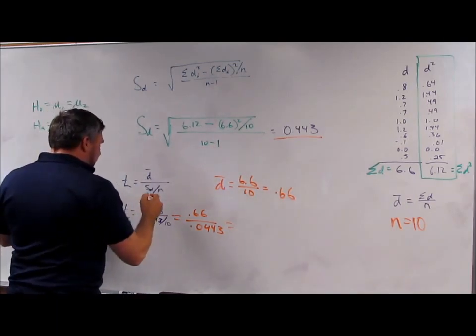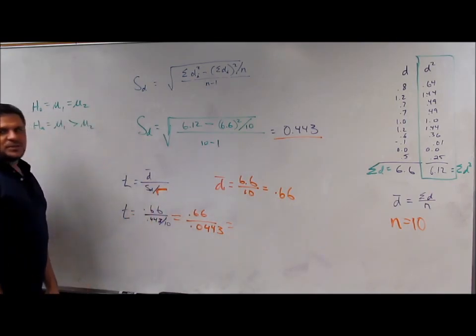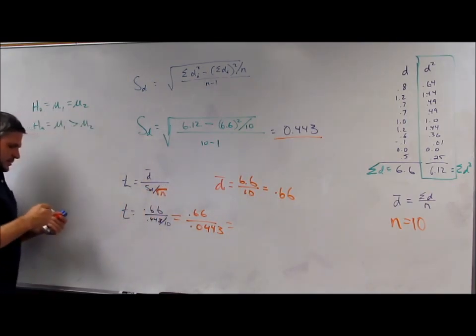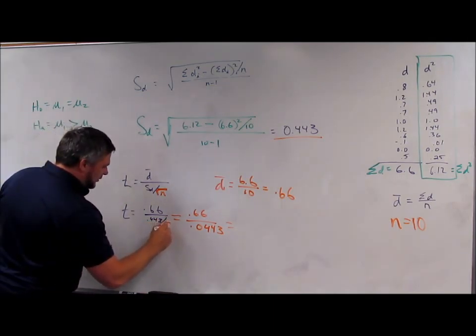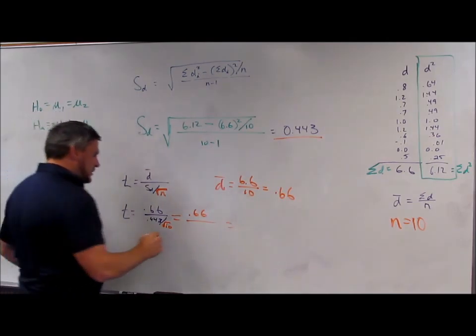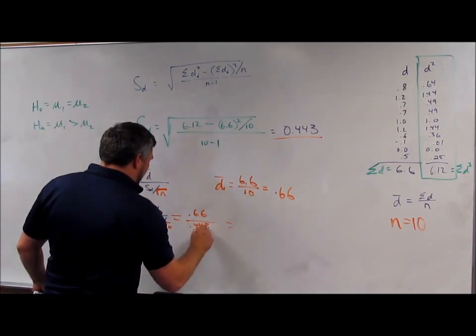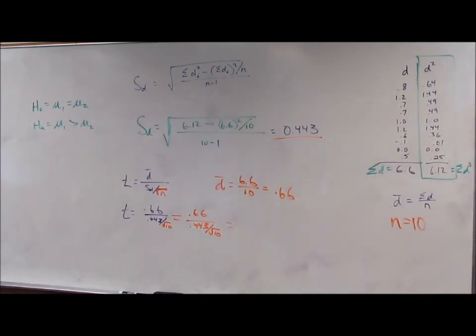This is not n, this is the square root of n. So it's not this easy. It's 0.443 divided by the square root of 10. When you plug that into your calculator, it's going to give you 4.711.